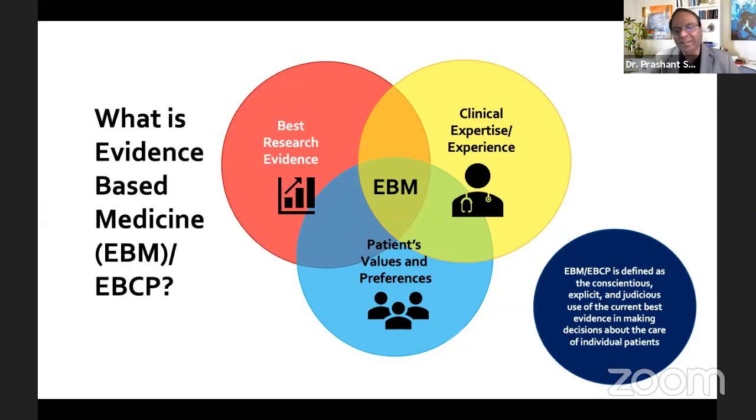For example, his religious beliefs, his access to care, his insurance status, his affordability of the treatment. So even though you can find the right solution to the medical situation by including best research evidence and clinical expertise and experience, at the end of the day, that decision may be changed because of different patient factors.